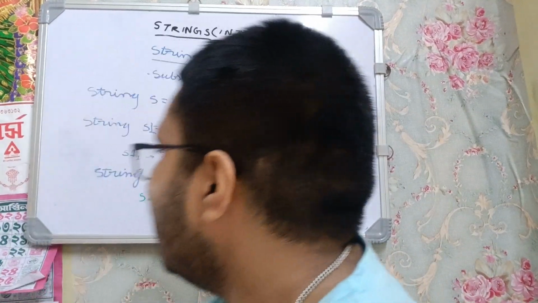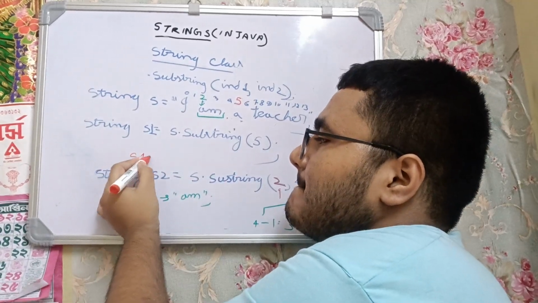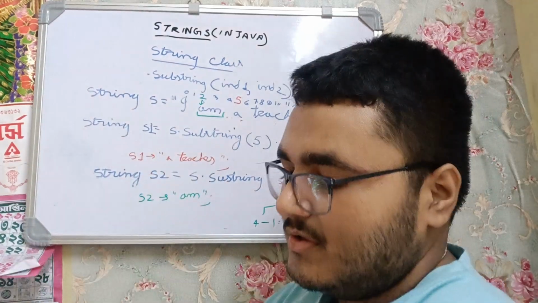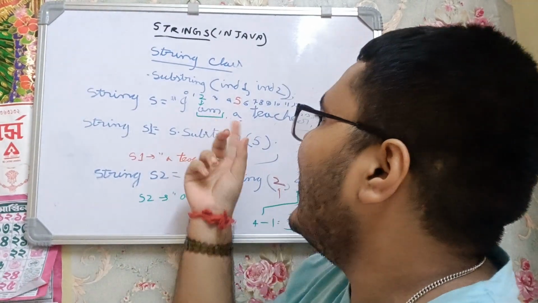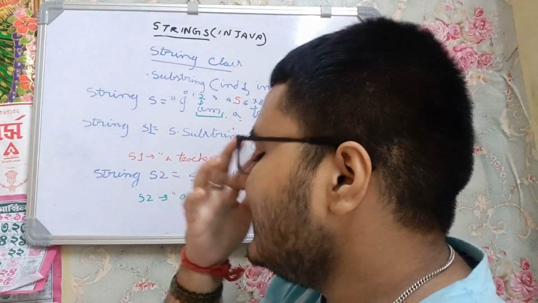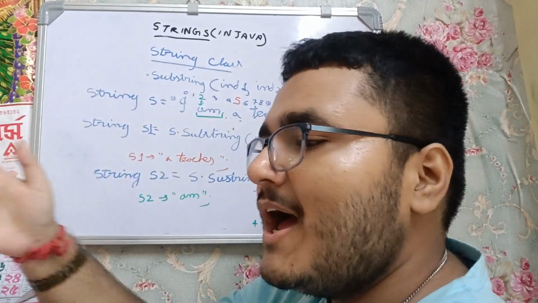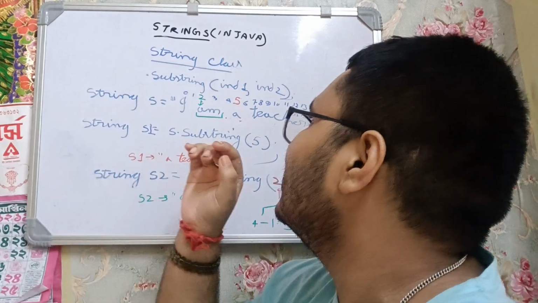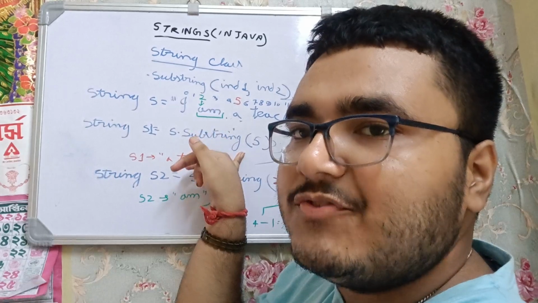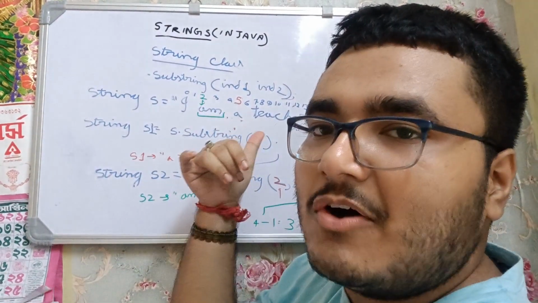And s1 is "a teacher". So for the second index, whatever you have taken, it is index minus 1. So up to 4 means you are stopping just before 4. When I am giving only 5, by default, internally it is 5 comma the length of the string.